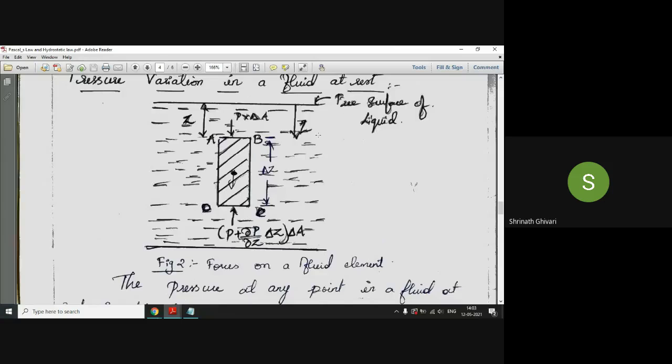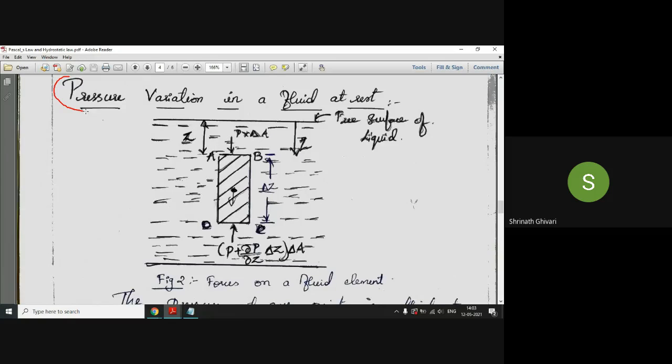As we have seen, the pressure variation means the variation of pressure when the fluid is at rest. So this is a container in which fluid is there. The pressure goes on varying as we go into the depths. We have to determine that.